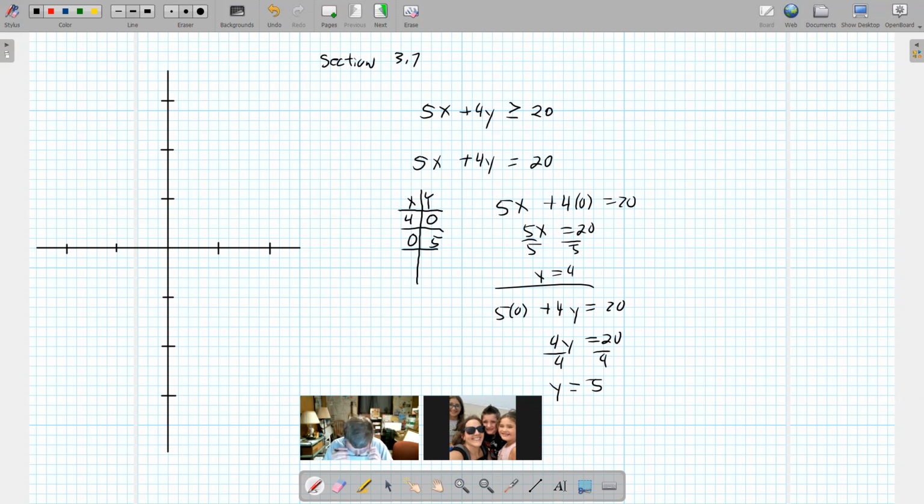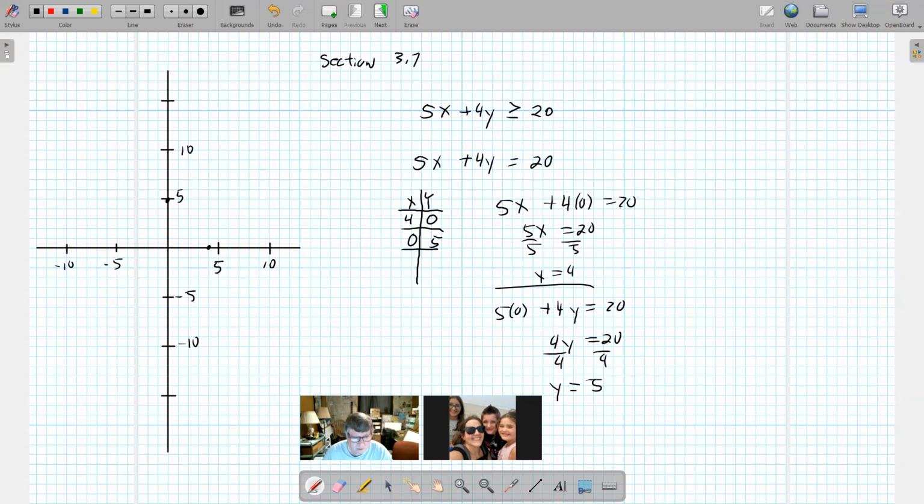So going over to our graph, let's label this. And we have (4, 0) and (0, 5).